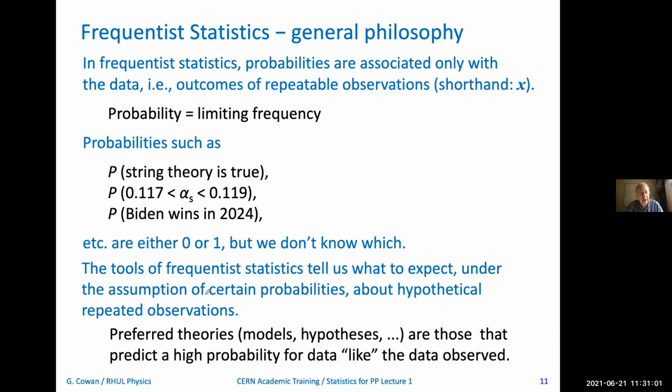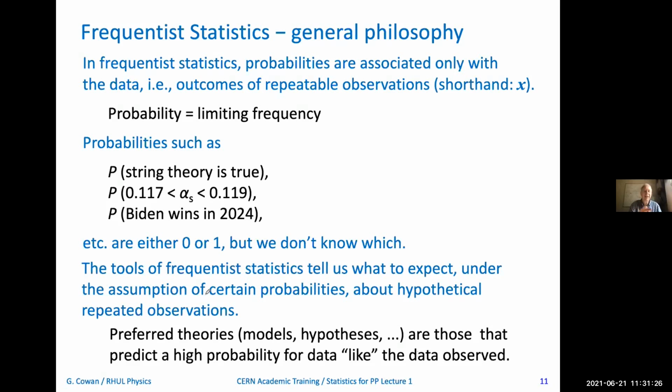Well, roughly speaking, we say in frequentist statistics that a certain theory is preferred if that theory predicts a high probability for data that are in some sense similar to the data that we actually observed. So that's kind of a convoluted way of having to state under what circumstances a theory is favored or disfavored.